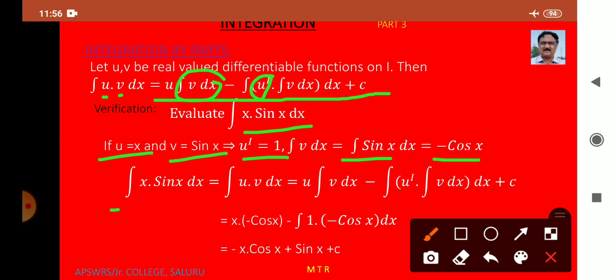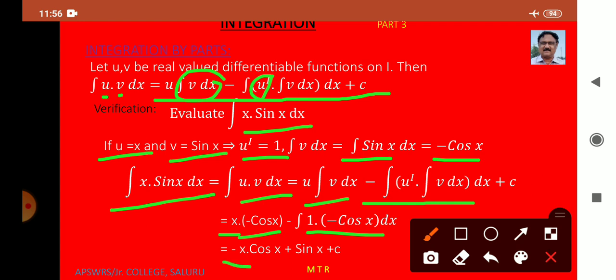Now integral x sin x dx, by the integral uv dx formula, is u integral v minus integral u dash into integral v. U means x, integral v already found is minus cos x, minus integral u dash, the derivative of u, that is 1, into integral v, minus cos x dx.